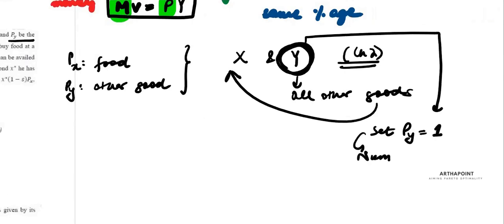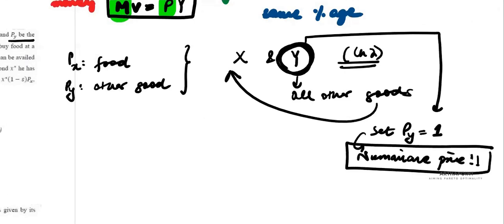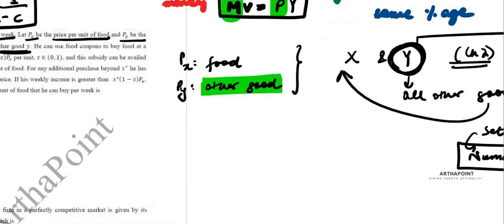This is known as numeraire price. It doesn't change any of the analysis, but it is just done to represent that all other goods together have the price 1. We do this a lot of times. I haven't read the question, but we can go ahead and do that also.